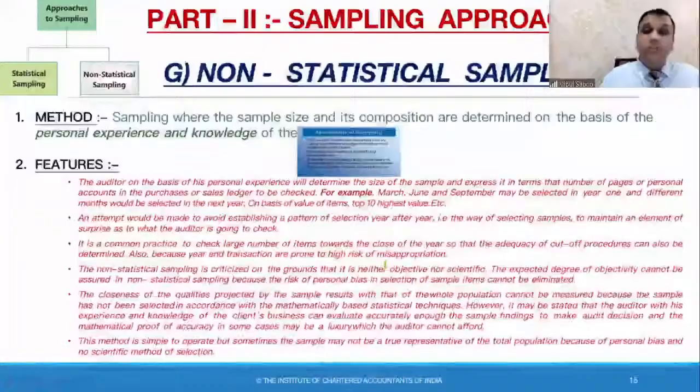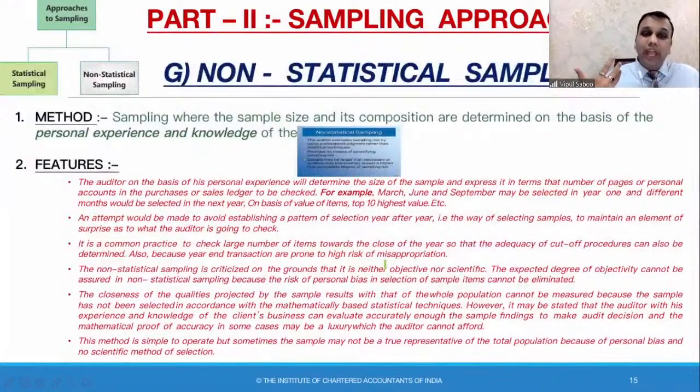What is non-statistical sampling? Where sample is chosen on any arbitrary basis as per the personal experience and knowledge of the auditor, where we do not confine ourselves to any mathematical or scientific logic. That is non-statistical sampling.